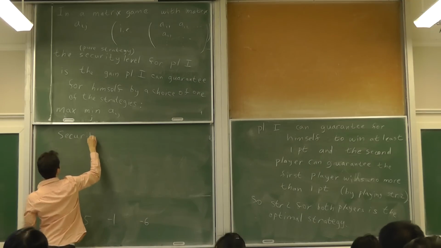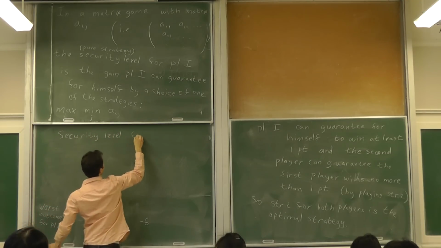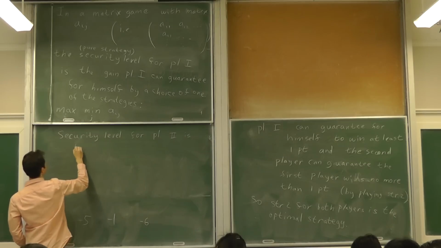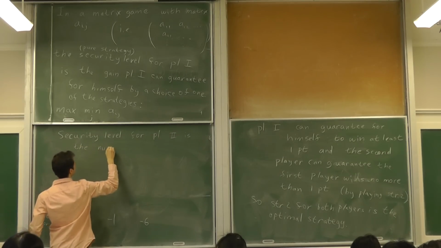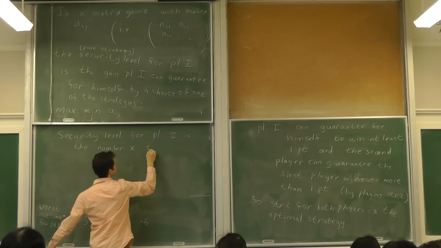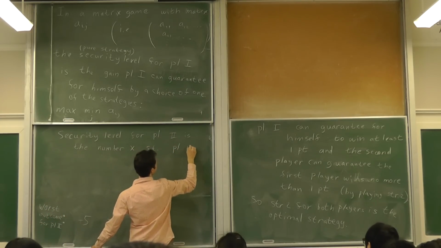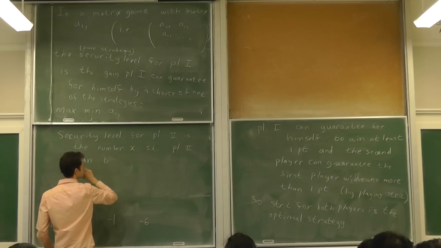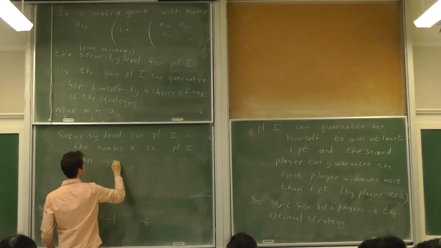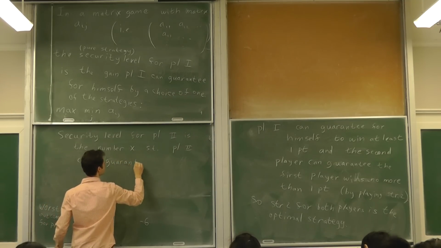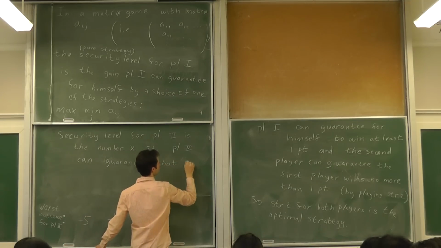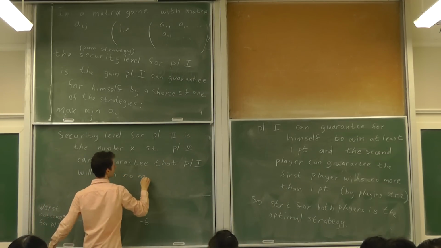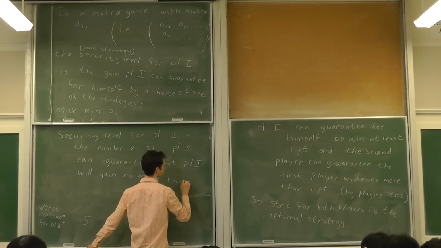Security level for player 2 is the number x such that player 2 can guarantee that player number 1 gains no more than x.